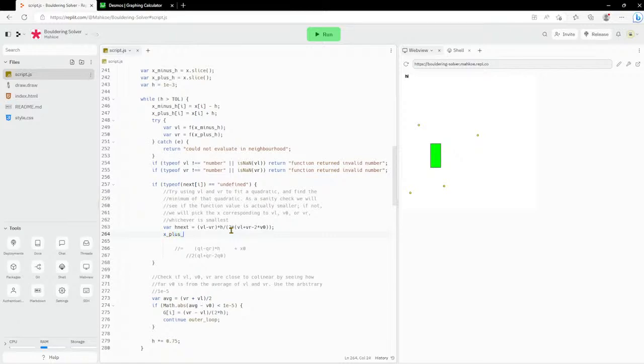So x plus h of I is going to be equal to x of I plus h next, right? QL minus QR times H divided by 2 times QL plus QR minus 2 Q naught. Okay, great.